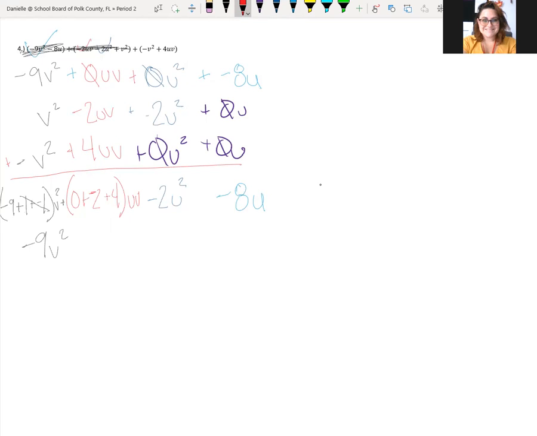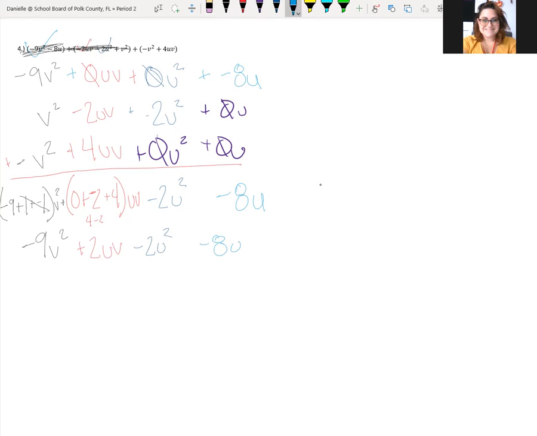Negative 2 plus 4, that's the same thing as 4 minus 2, which gives me a positive 2uv. Minus 2u squared, we figured that one out, minus 8u.